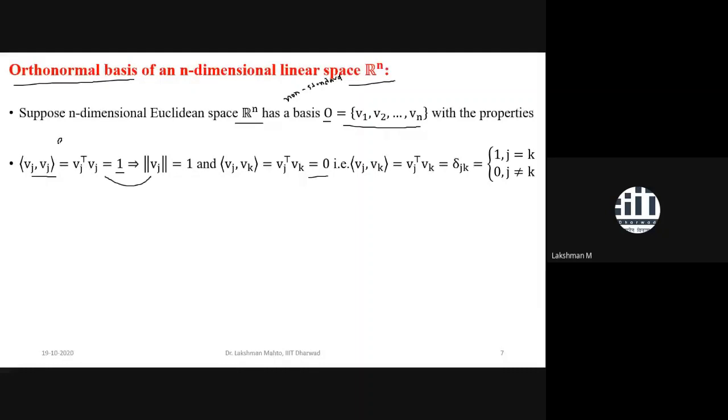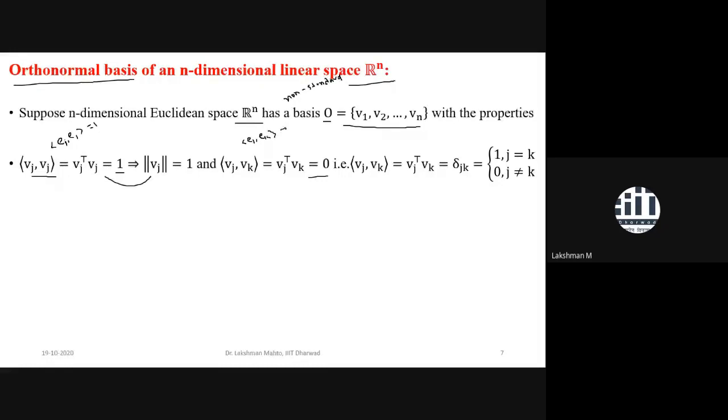So what did the standard basis have? The standard basis had the property that the inner product of Ej with Ej itself was 1, the unit vector property, and the inner product of Ej with Ek, where j is not equal to k, was 0. We observe a similar feature in this non-standard basis as well.